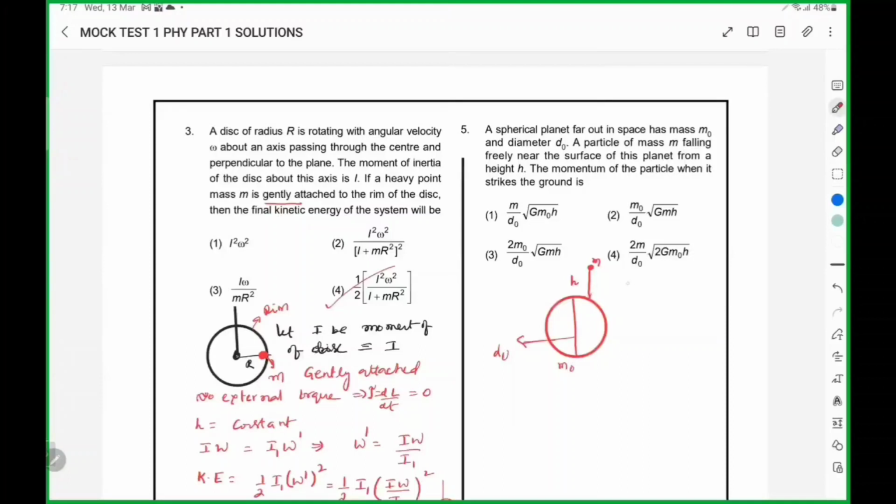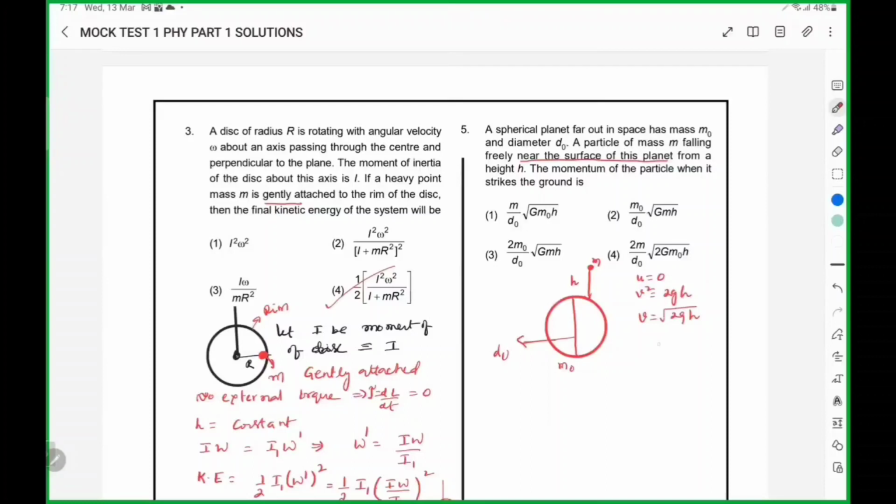So here it is, falling freely means u is 0, v square is 2gh. It is near the surface of the planet, so acceleration due to gravity, much change won't be there. So v will be root 2gh.